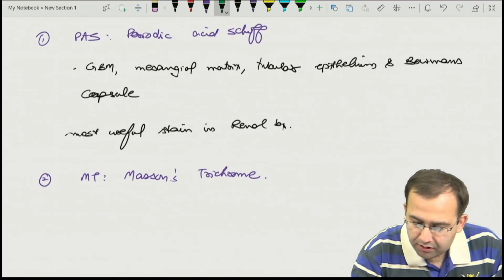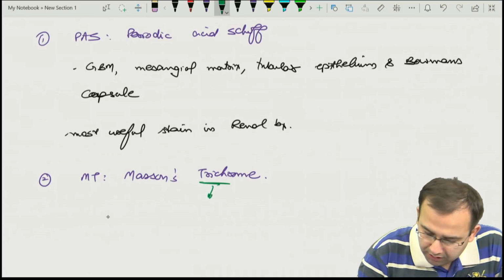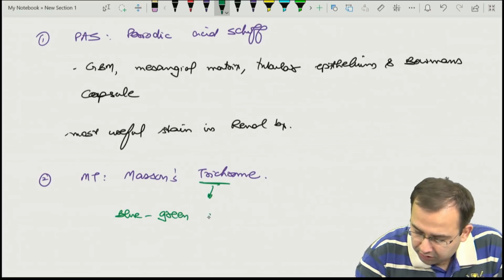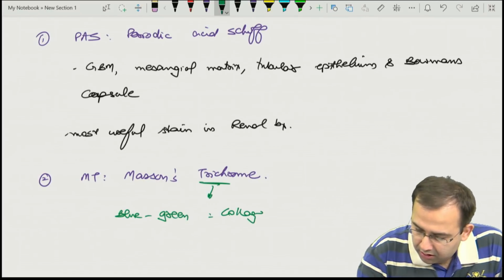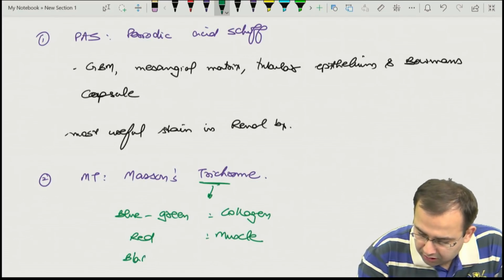The next renal stain is MT, that is Masson's trichrome. The name tells you everything. Trichrome, 3 colors. So what are the 3 colors with MT? Blue-green, which is for collagen, red, which is for muscle, and black, which is for nuclei.